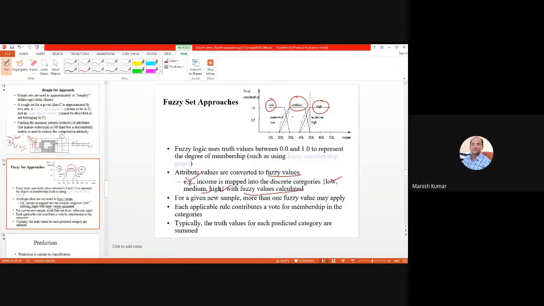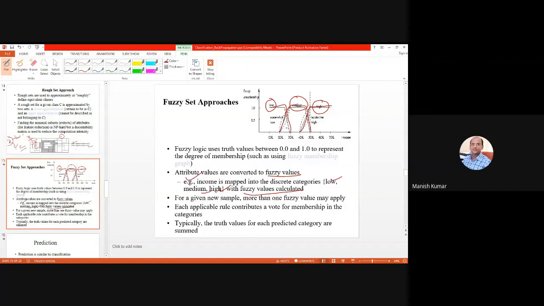So what is happening here is that I say this is my low. When I go for this medium, I say this is my medium. When I say high, I go for high. Now the problem is that this part and this part is an overlapping part.